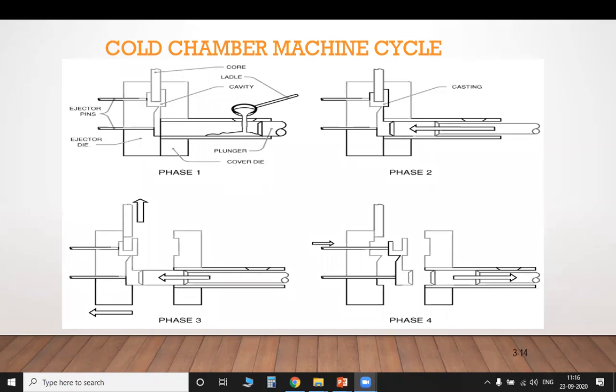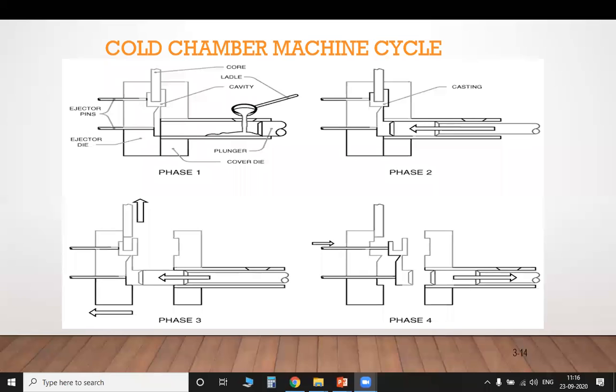So automatically the molten metal is carried through the injector nozzle and the gates to the die casting. There, until it solidifies, the whole process stays constant. It won't move. In a similar manner, in the cold chamber, you do not have that type of arrangement.